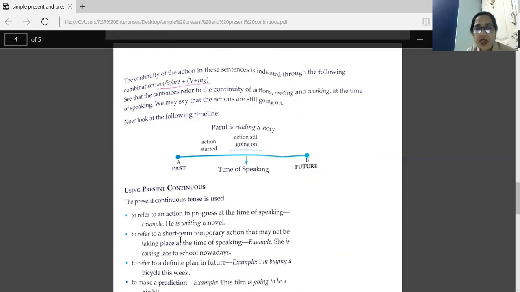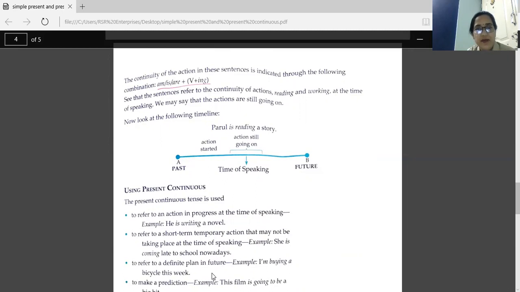To refer to a short-term temporary action that may not be taking place at the time of speaking. See this example. She's coming late to school nowadays. So it's a short-term or temporary action done by her. And it's not compulsory that at the time of speaking, it was going on. But it's a short-term temporary action.